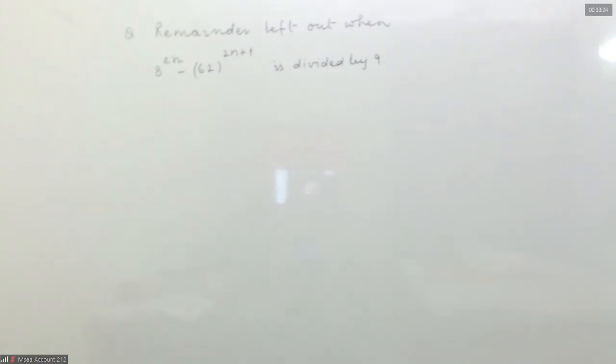Sir, isn't the number negative? 8 power 2n minus 62 power 2n plus 1.